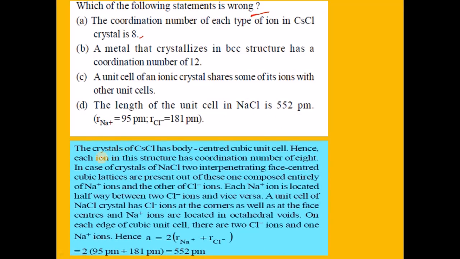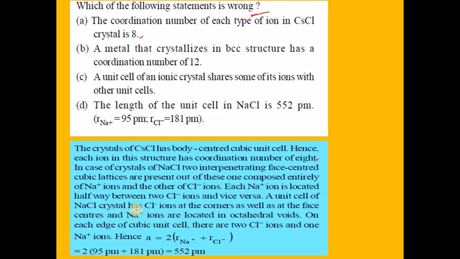The crystals of CsCl have a body centered cubic structure, and each ion has coordination number 8. That is correct. In crystals of NaCl, two interpenetrating face centered cubic lattices are present, one composed entirely of Na+ ions and the other of Cl- ions. So each Na+ ion is located halfway between two Cl- ions, and vice versa.